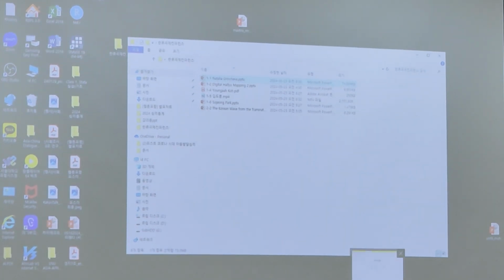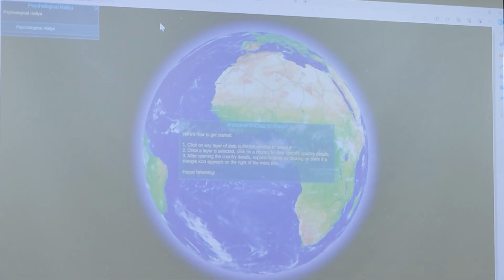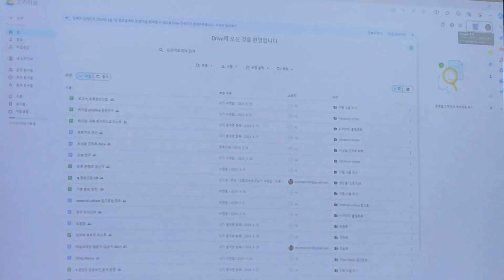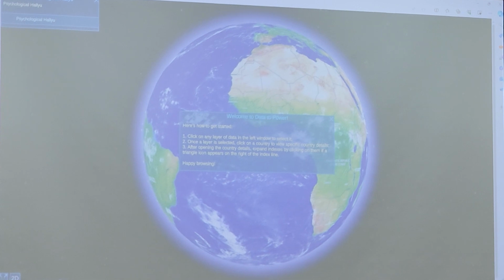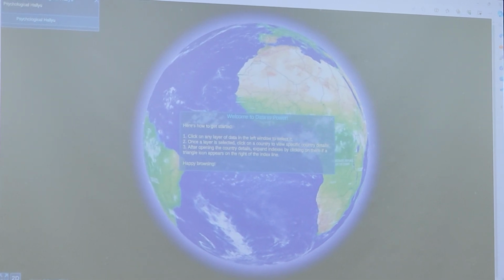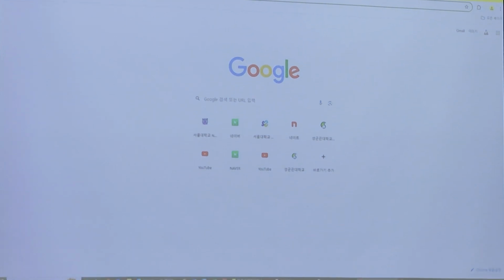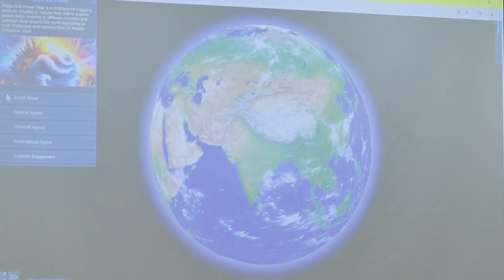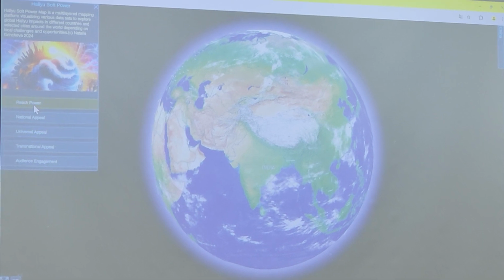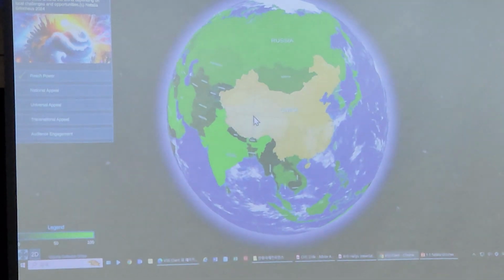So just how the application looks like, I will show you a few links. Okay, this is the application, and on the left side, you will see different layers that you can select and visualize.